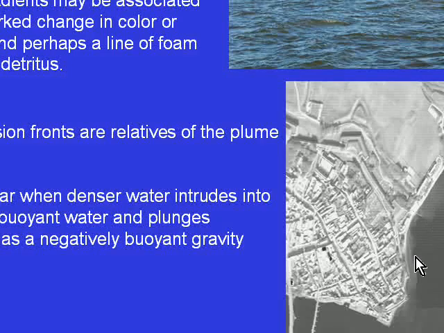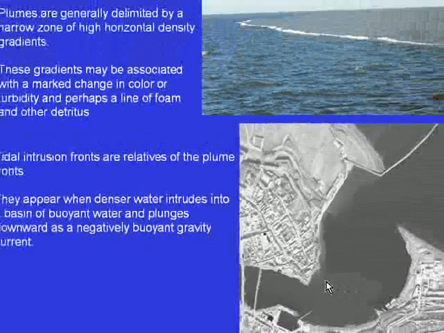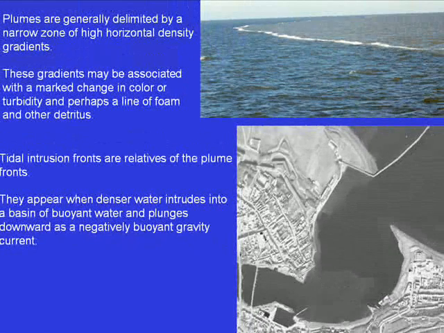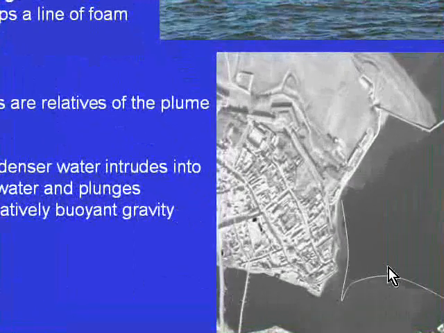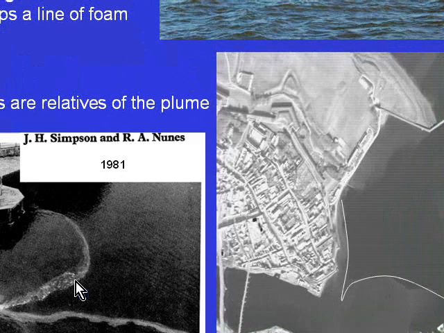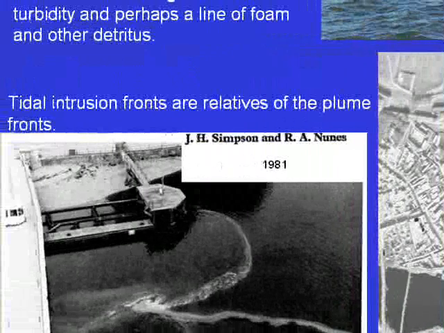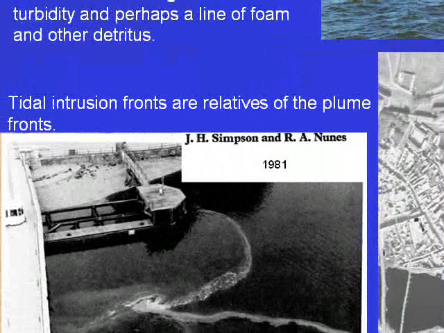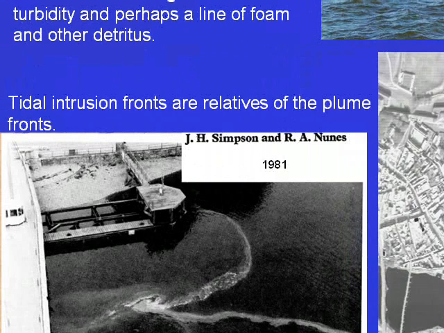You have very strong convergences and divergences here at the front. I don't know if you can see the V-shape of the tidal intrusion front here on the photograph. And it's outlined there. And there's a better photograph yet of that tidal intrusion front. By looking at that, which one do you think is lighter water and heavier water?